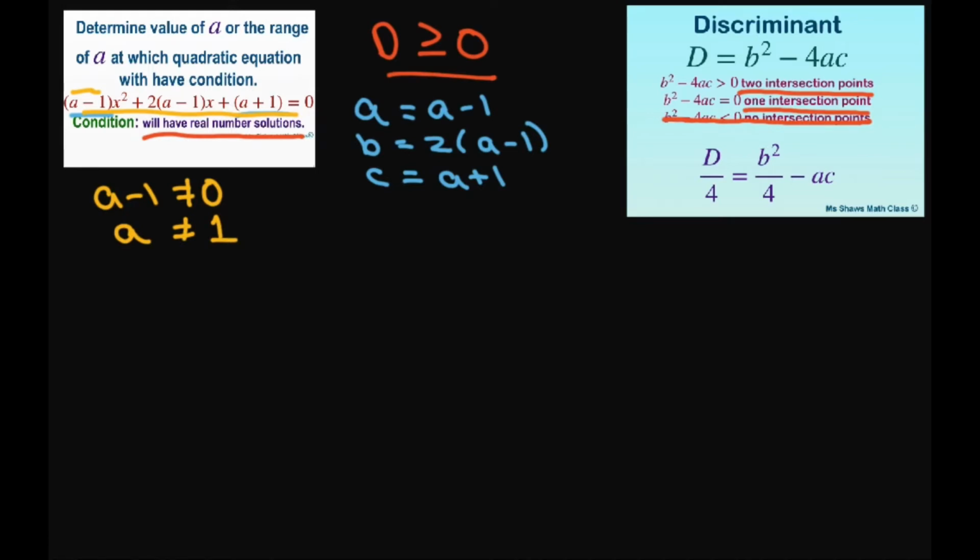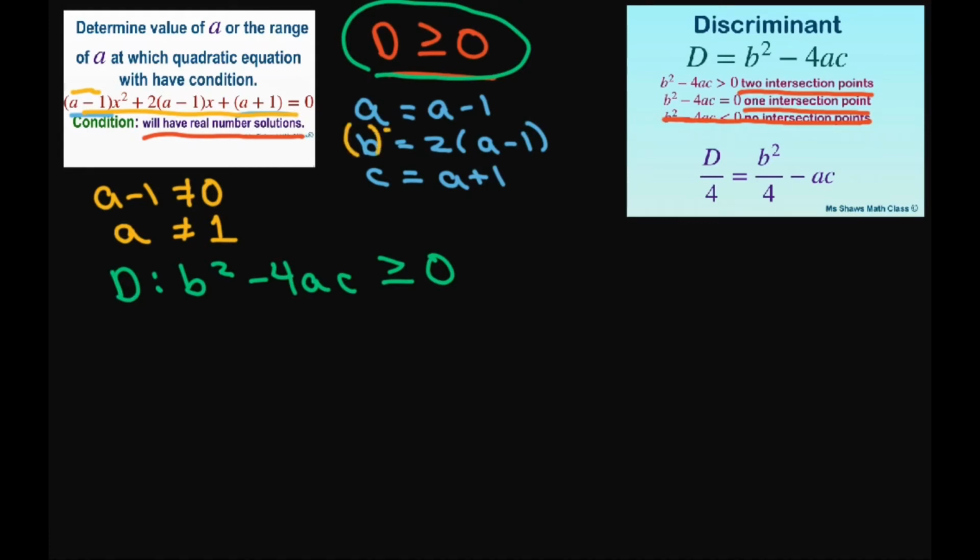Okay, so now let's look at our discriminant. Our discriminant, again, has to be greater than or equal to 0. So that's going to be b squared minus 4ac, which has to be greater than or equal to 0. All right, so we're going to square our b.